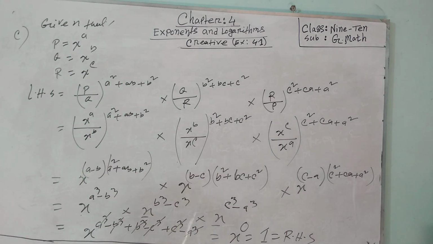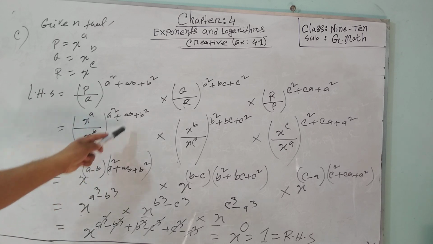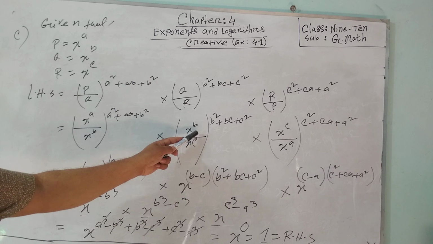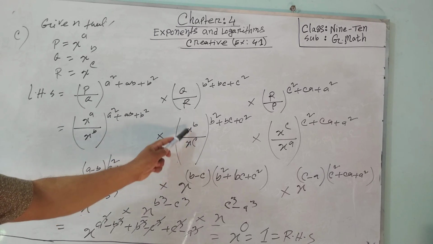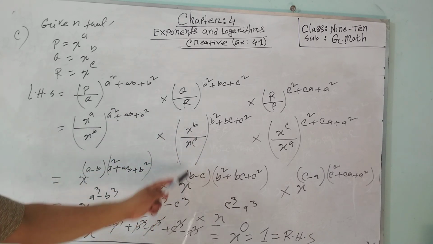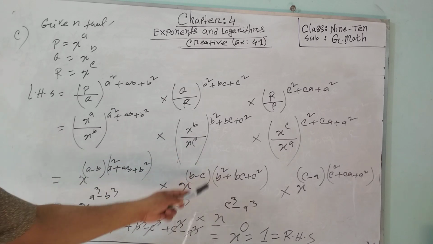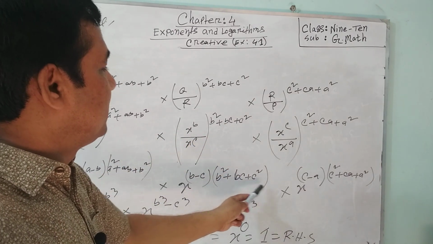Okay. In the division formula, the base x is the same, so the powers are subtracted: a minus b, a square plus ab plus b square. Similarly, with base x, power b minus c, b square plus bc plus c square.